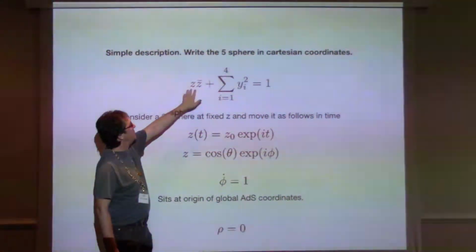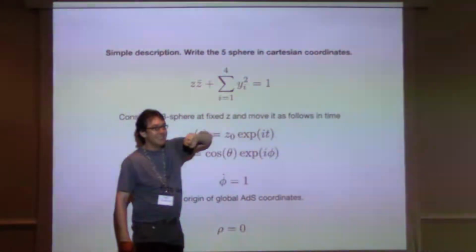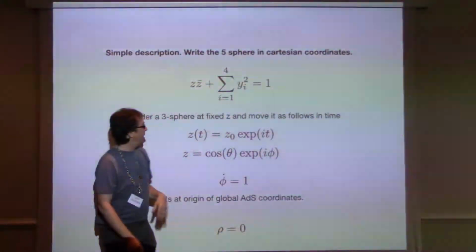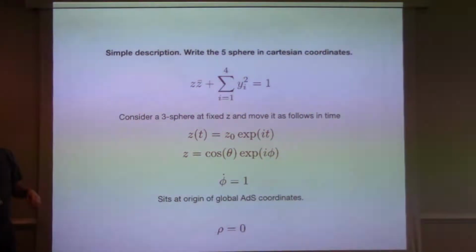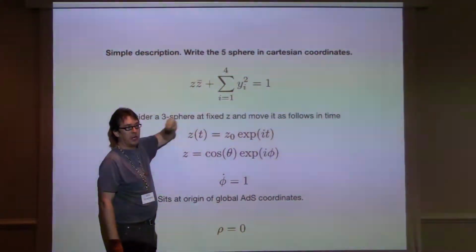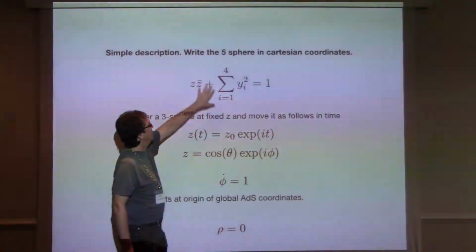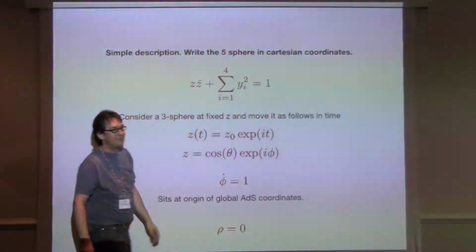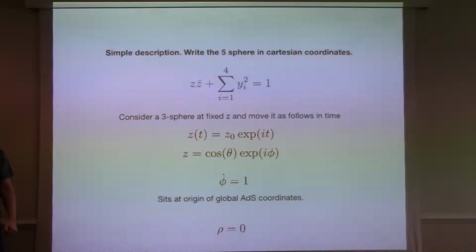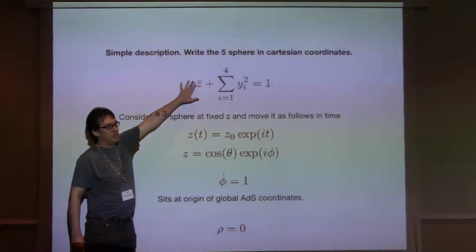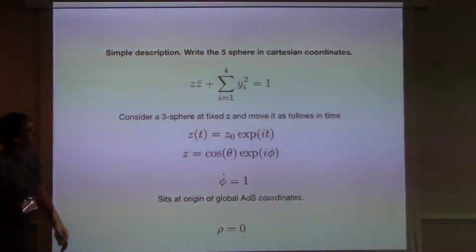Why? Because this is a 6 of SO(6). So I'm using a representation of the sphere which uses the decomposition that I want. You consider a 3-sphere that's fixed at some value of z. If you know z, you know z bar. So you take care of this one, and then you can solve for the size of this 3-sphere. It's a unique 3-sphere, at some point on the z coordinate labeling.